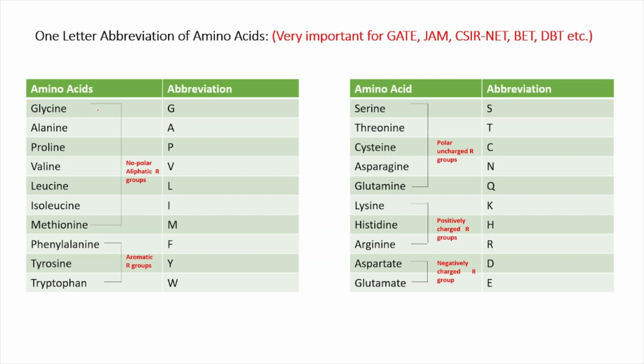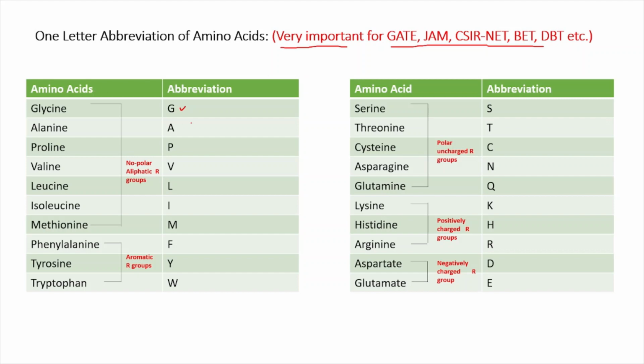In case of glycine, the abbreviation is G. This topic is very important for all the competitive national level exams like GATE, JAM, CSIR NET and DBT. Questions are sometimes asked on the one letter abbreviation of amino acids.